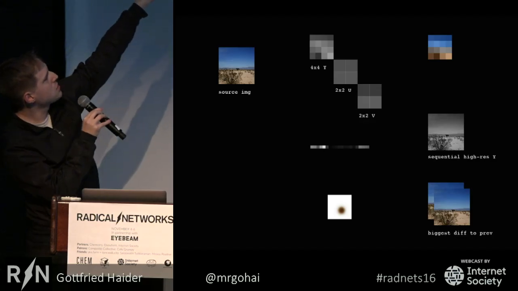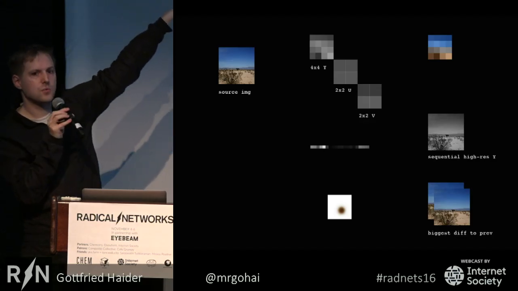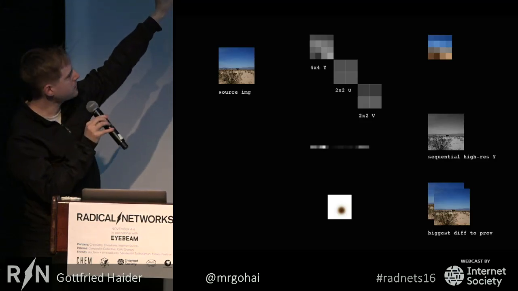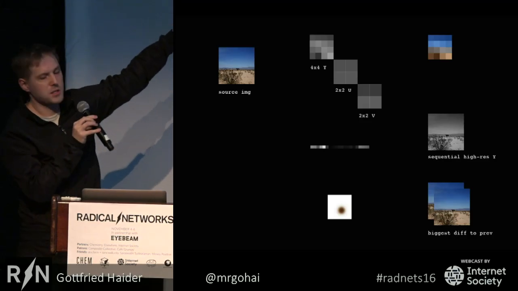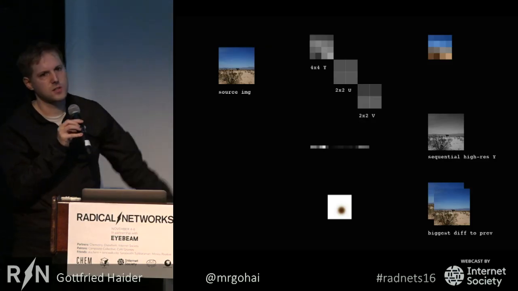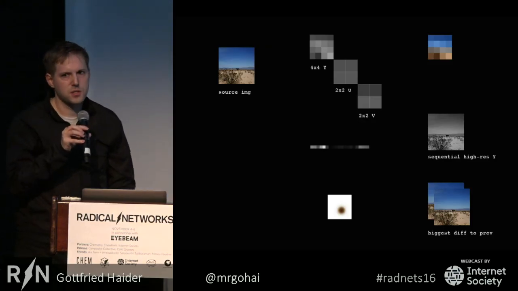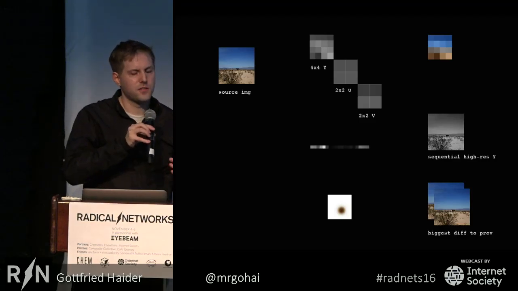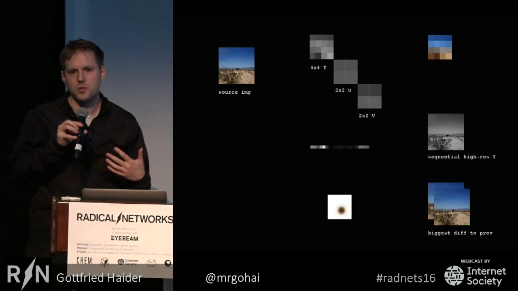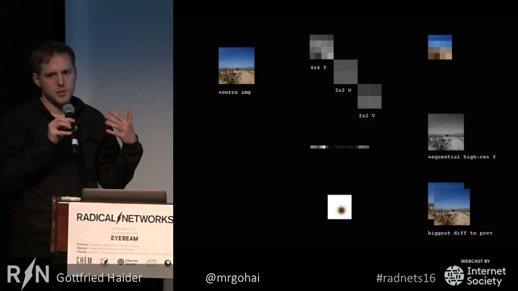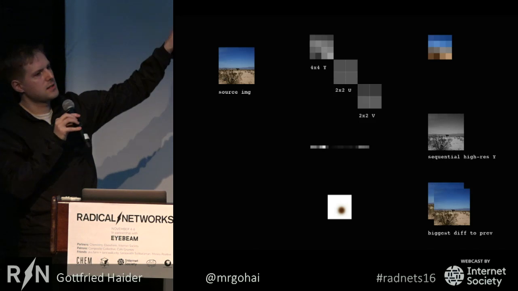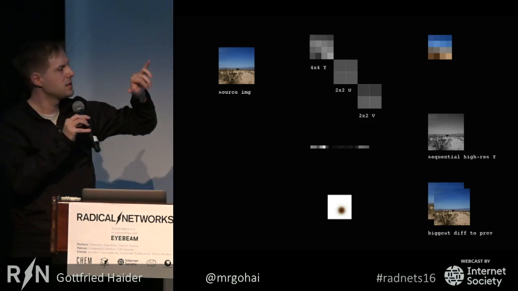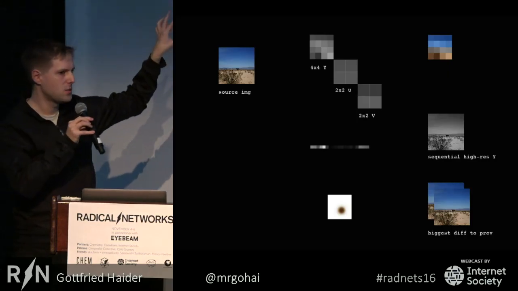On the top third of the image on the right, you see basically the same image downsampled to 4 by 4 pixels for grayscale information, and a 2 by 2 image for U and V. So instead of using RGB, which is a color mixing that doesn't have so much to do with the human eye and perception, this separates out the grayscale and the color information into three channels in total.